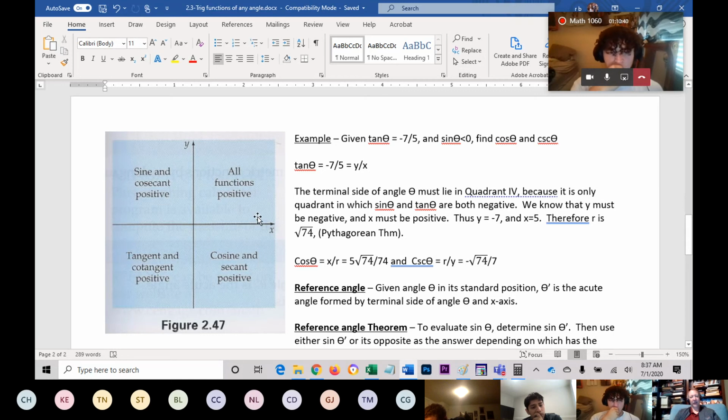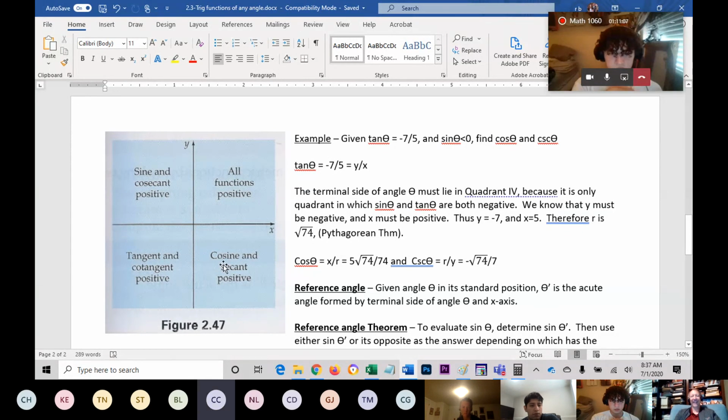So the question is, how do you remember this? If you take the first letter of each word here, all, sine, tangent, cosine, this will tell you which is positive. So here's how you remember. If I use ASTC, now how do you remember what that is? So all students take calculus.